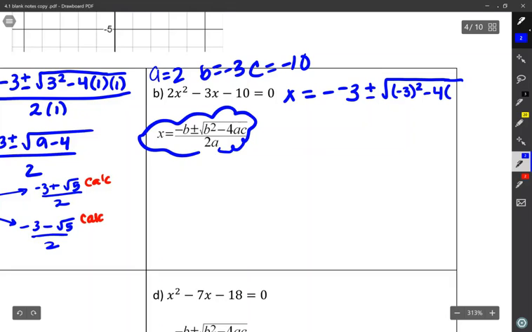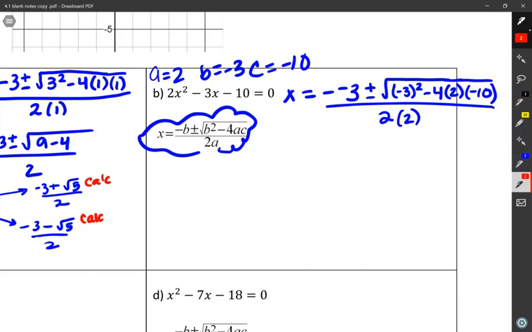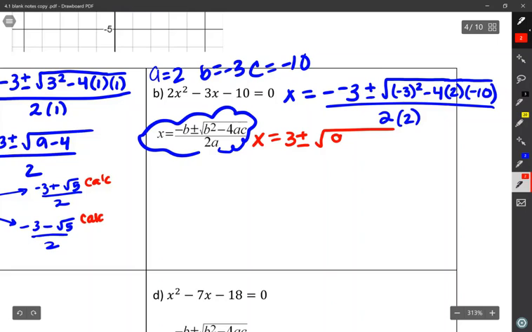The a value is 2, the c value is negative 10, all over 2 times 2. Okay, clean it up, be careful. Let's see, it's a positive.